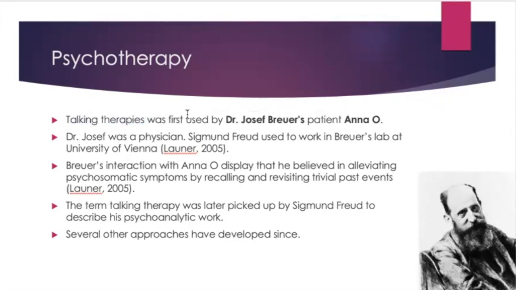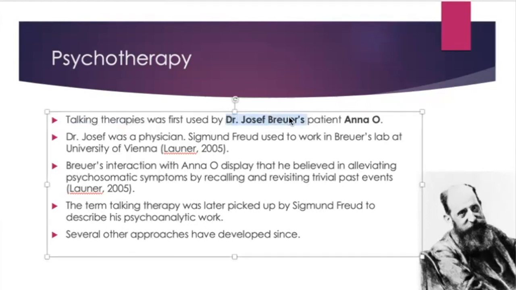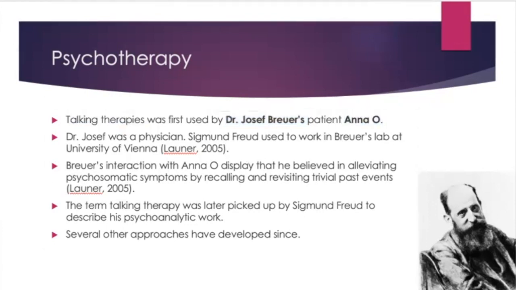Now, this was first started in Dr. Joseph Breuer's time. Dr. Joseph Breuer had a patient named Anna O. This is not her real name, but a pseudonym, Anna O. Anna O actually went through hysteria.